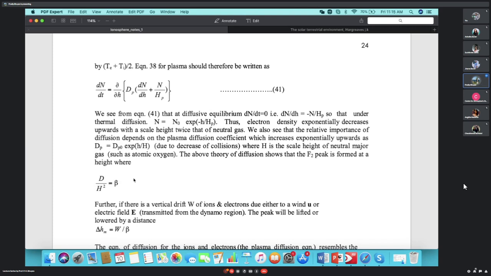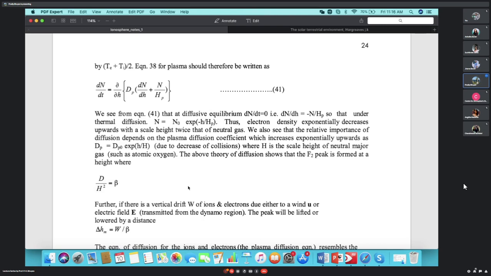It is elaborately shown why D by H squared is equal to beta. A set of 3, 4, or 5 equations in the Hargreaves book shows why D by H squared becomes equal to beta. This theory of diffusion gives you that the F2 peak will form where D is your diffusion coefficient, H is your normal scale height, and beta is the loss coefficient.